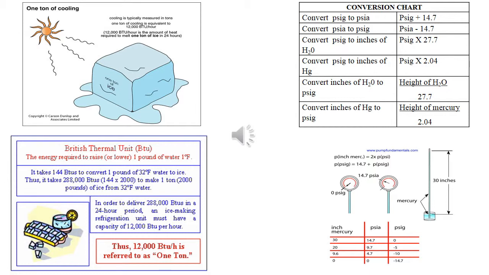So inches of water column was used for only small pressure readings, and inches of Hg was used for larger pressure readings. If you look at the chart in the picture on the bottom right of the slide, it shows you what the different pressure readings would be using the different measurements of inches of Hg, PSIA, or PSIG.